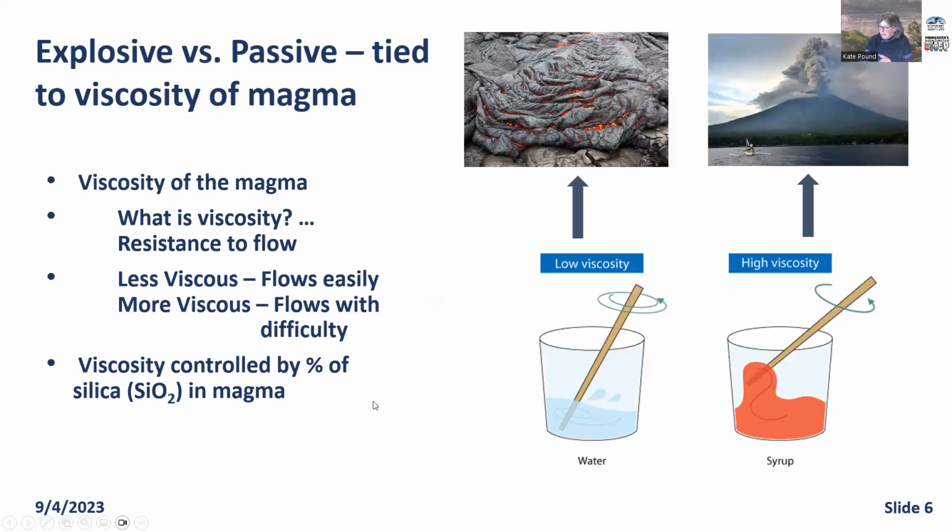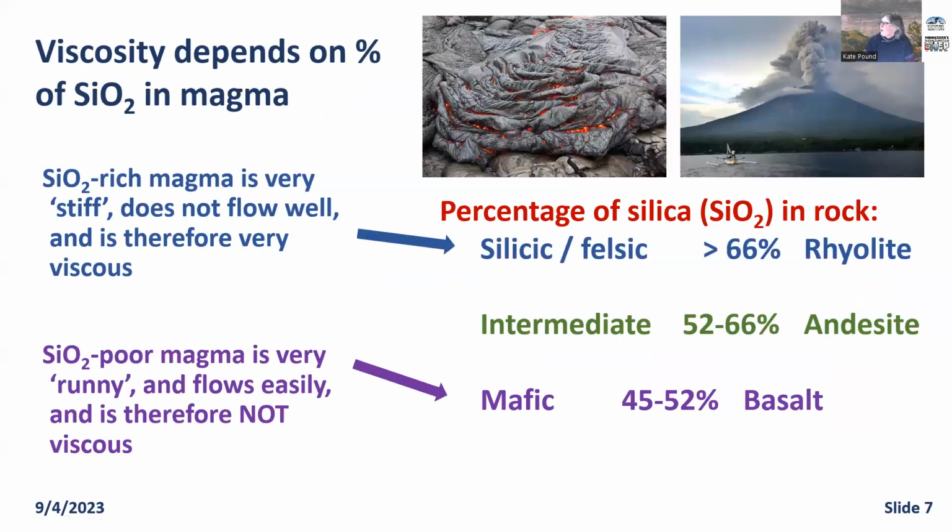Now, we have to go down another rabbit hole now. Viscosity is actually controlled by the percentage of silica in a magma. And this is something you can try just diagramming out or doing some kind of concept map with. So viscosity depends on the percentage of silica in the magma.